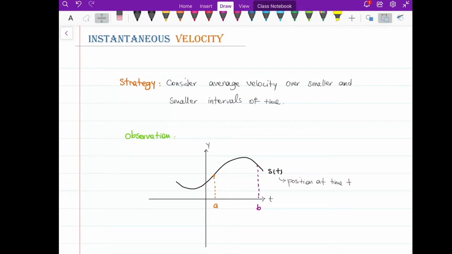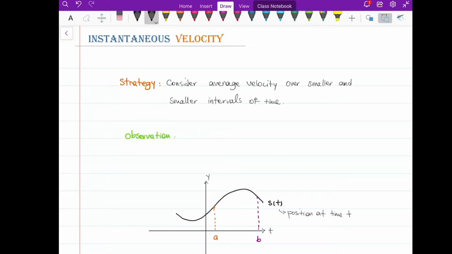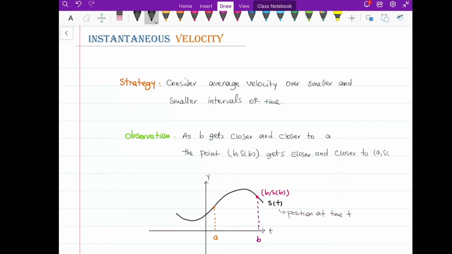Okay, let me move this one a little bit down, and we're going to see that as b gets closer and closer to a, the point b and s of b, which is here, gets closer and closer to the point a and s of a.